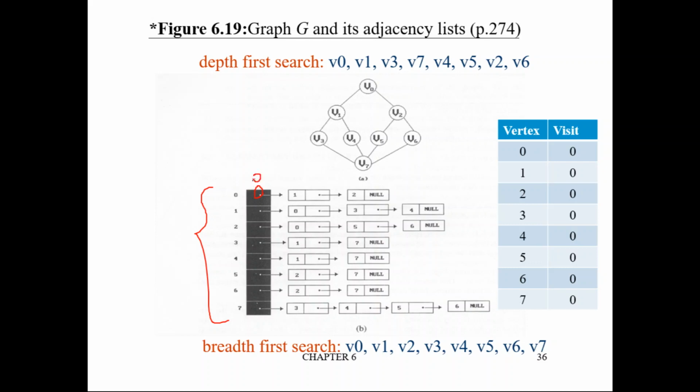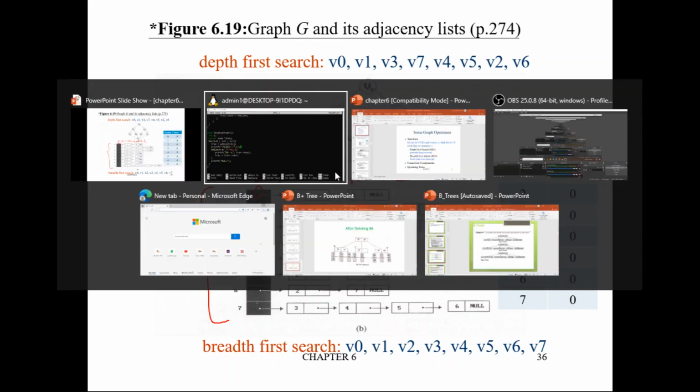So after one iteration of the outer loop, it will display like this: 0 to 1, 1 to 2, 2 to null. But actually our understanding is that this is just a display of the adjacency list, and there is an edge from 0 to 1 and an edge from 0 to 2. So this is one entry.